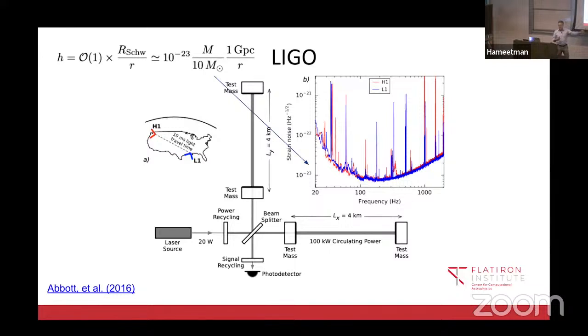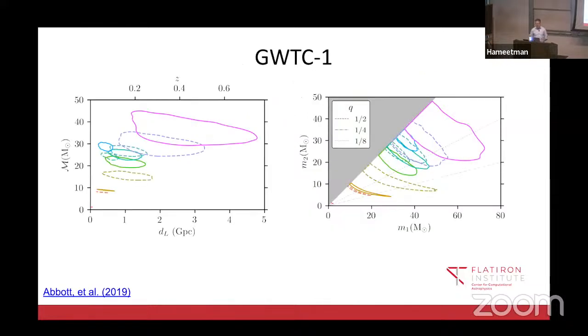The improvements in our sensitivity accumulate more rapidly than if we were a graviton bucket, where we would get a factor of 2 to the 3 halves instead of 2 cubed by doubling our sensitivity. And you'll see that over the next few slides as I show you the progression of LIGO catalogs.